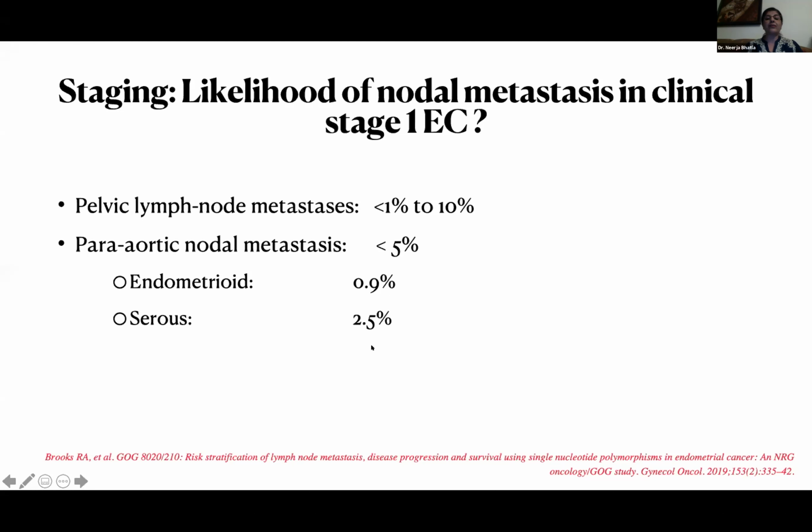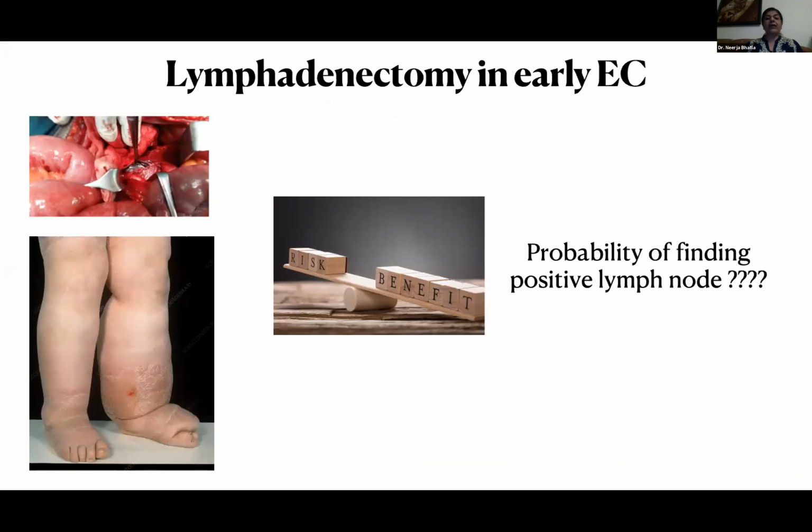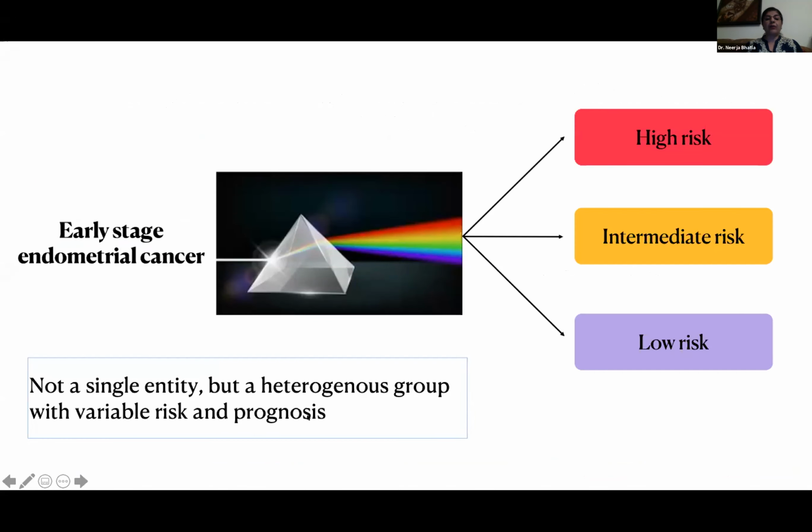If we are talking of serous, it is 2.5%. We must decide whether we are going to do this extensive procedure in 100% of cases to give benefit to these small numbers. And the more vigorous we are and the more nodes we remove, the more the risk that these patients are going to come back with problems which will be quality of life issues for the rest of their lives. So we must look at these probabilities.